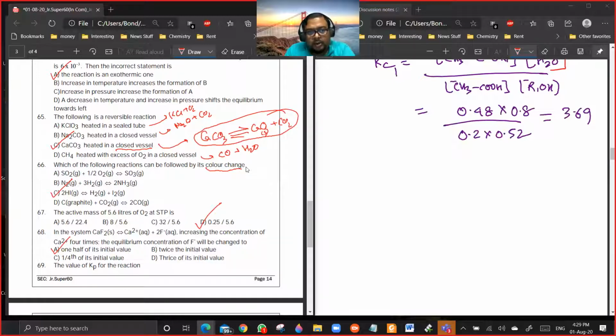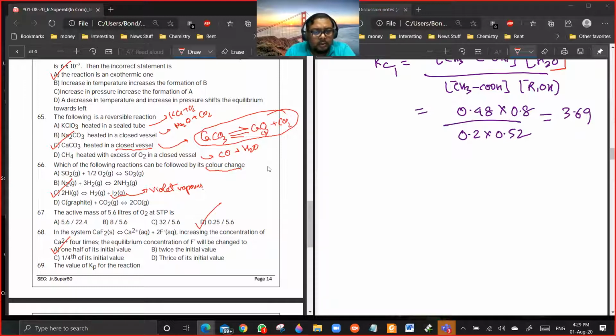N2, H2 and NH3 all are colorless. HI giving H2 plus I2, you say I2 is violet vapors. So that is the only color which is there. And carbon plus CO2 giving CO all are colorless. So only option is option C.